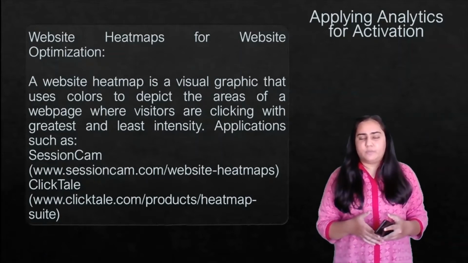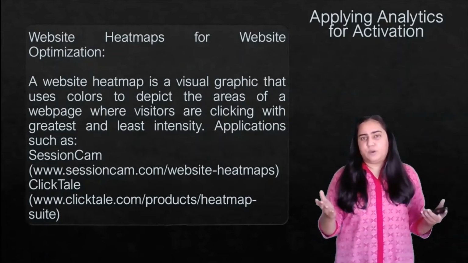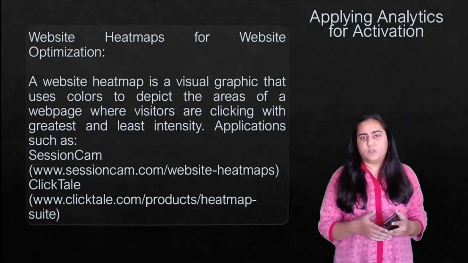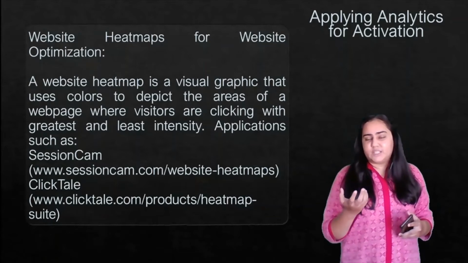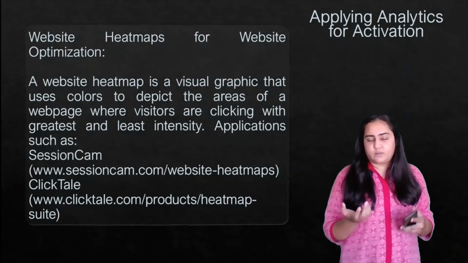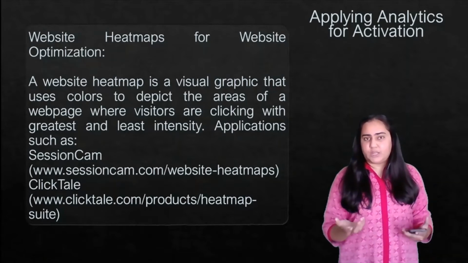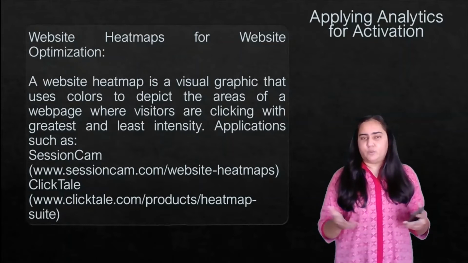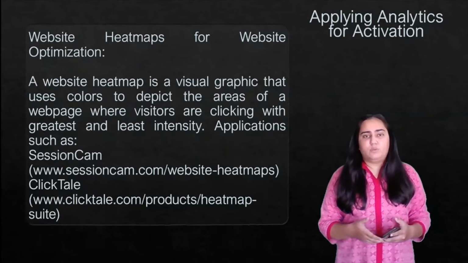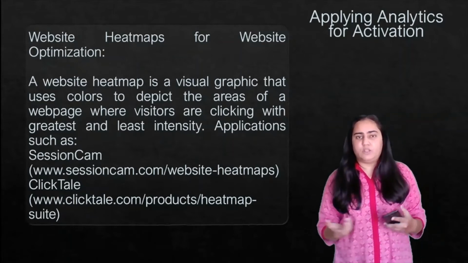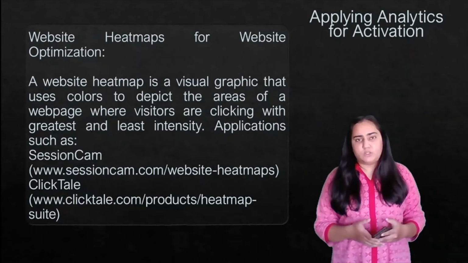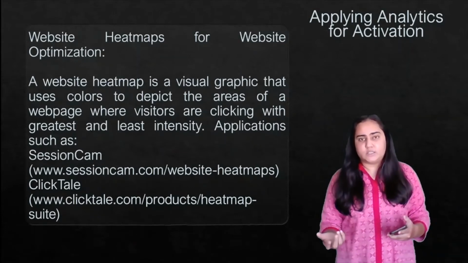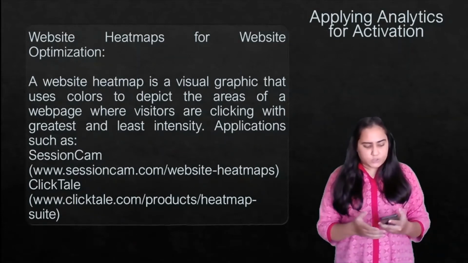For example, if your web page has a search box, then the search box is going to have the greatest clicking intensity and will be of the brightest shade. But if you have a help section, then if your website is really good, people won't be clicking on the help area of your web page, so it will be colored with a lighter shade.